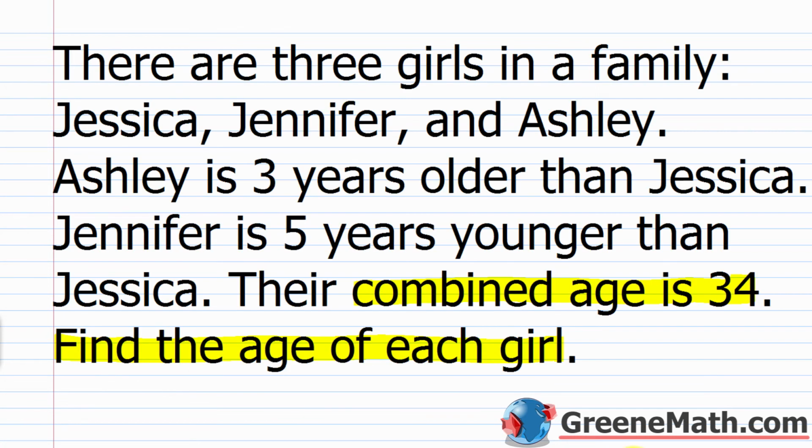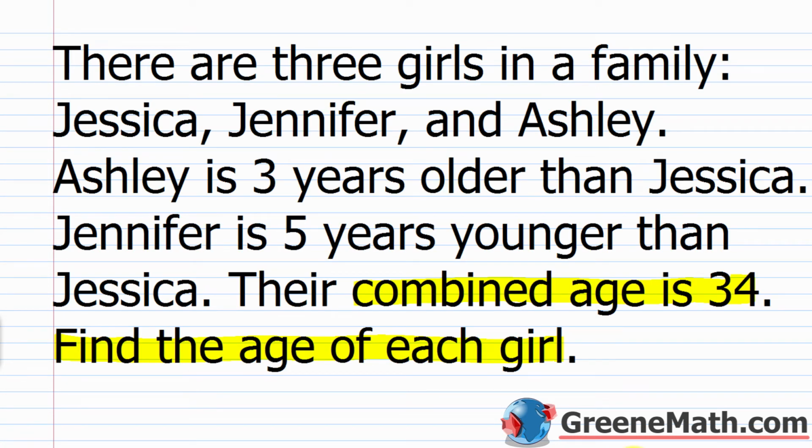So when we move on to our next step, which is to assign a variable to represent the unknown, well, you have 3 unknowns here. You don't know the age of Ashley, you don't know the age of Jessica, and you don't know the age of Jennifer. Now I'm going to set a variable equal to one of their ages, and then I'm going to express the other girls' ages in terms of that one variable. Now here's a little trick.